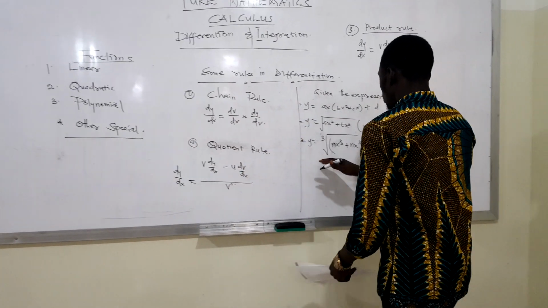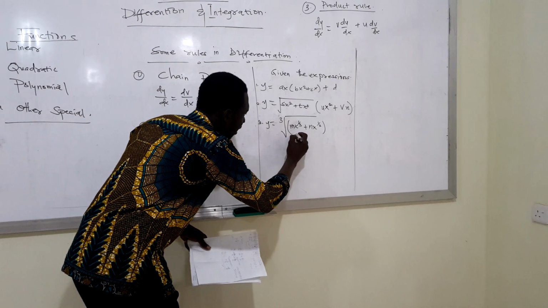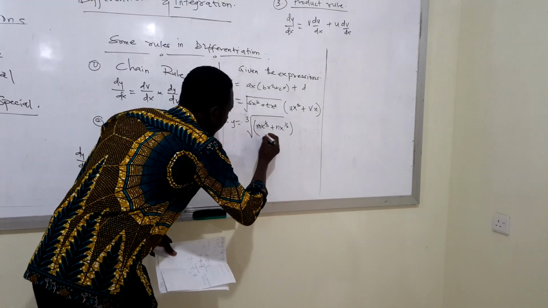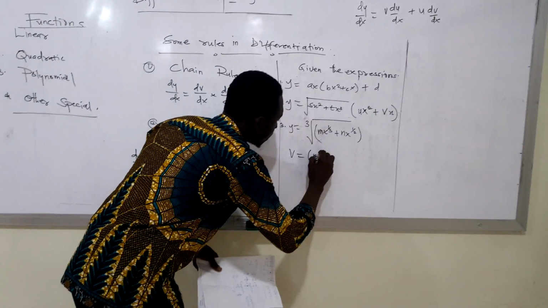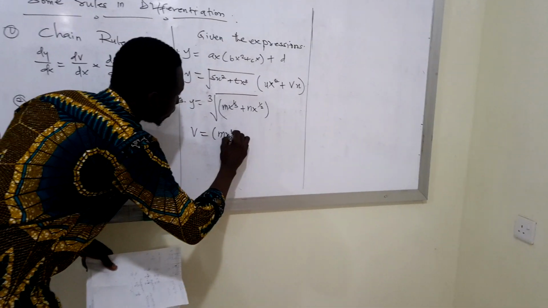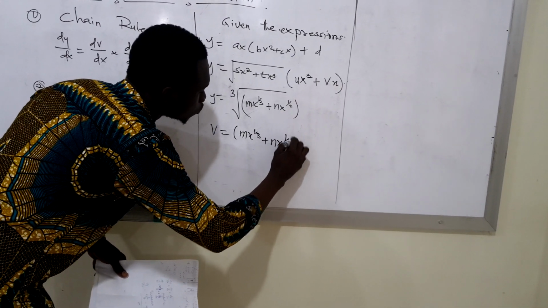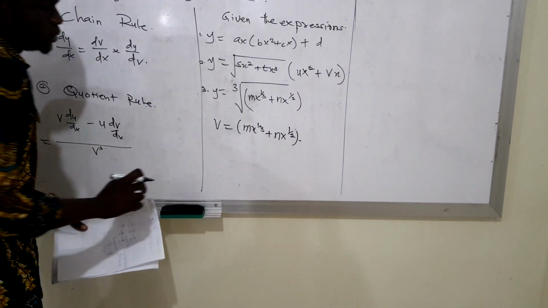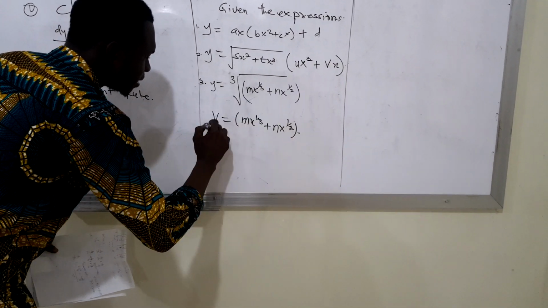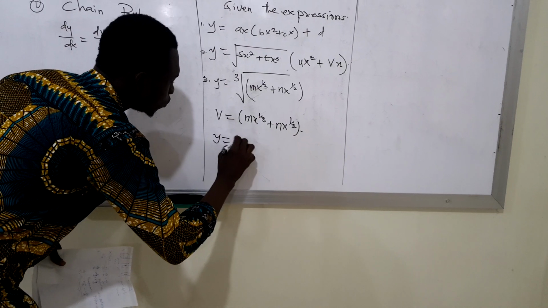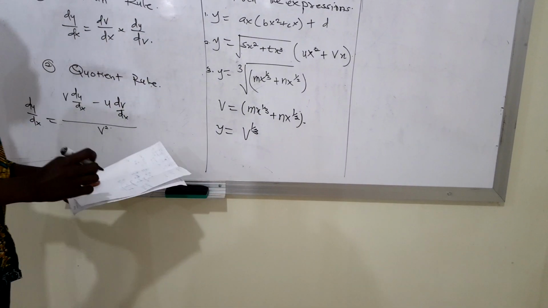So now we are going to represent v to be equal to m x^(1/3) plus n x^(1/2). Then if that is the case, our expression is now y is equal to v exponent 1/3, that is the cube root of v.